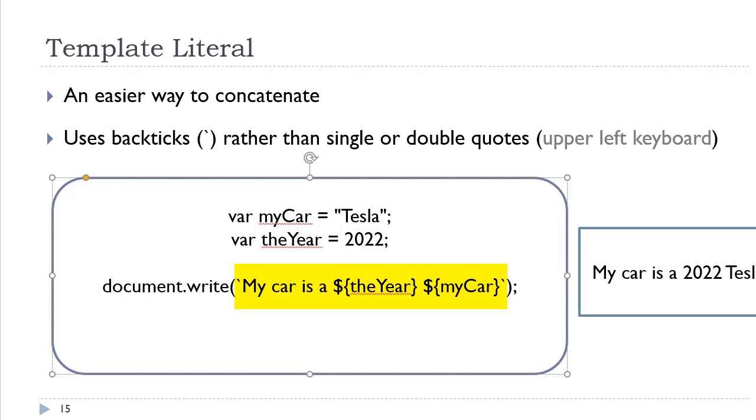Therefore, we can place the string data and the variables side by side inside the backticks, and the browser will interpret the values of the variables. You do not have to worry about the spacing because it will preserve the white space, and you don't have to worry about all of the plus signs. So using a template literal is an easier way to work with string expressions and variables.